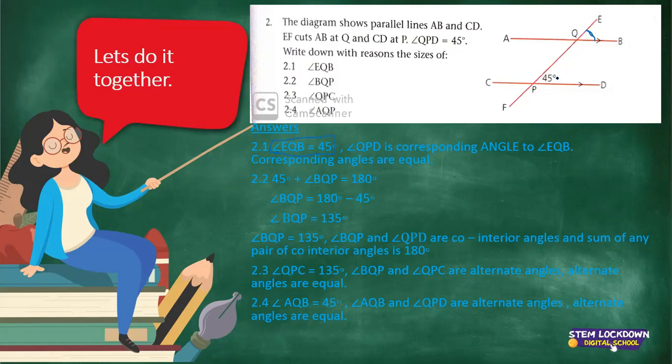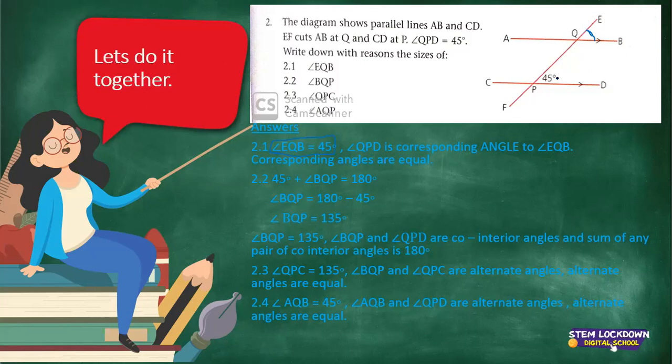So you can see why we have 45 degrees as our EQB. Another reason is corresponding angles are equal, one exterior and one interior. That makes them corresponding angles, and they must be equal all the time. That's why our angle EQB equals 45 degrees.